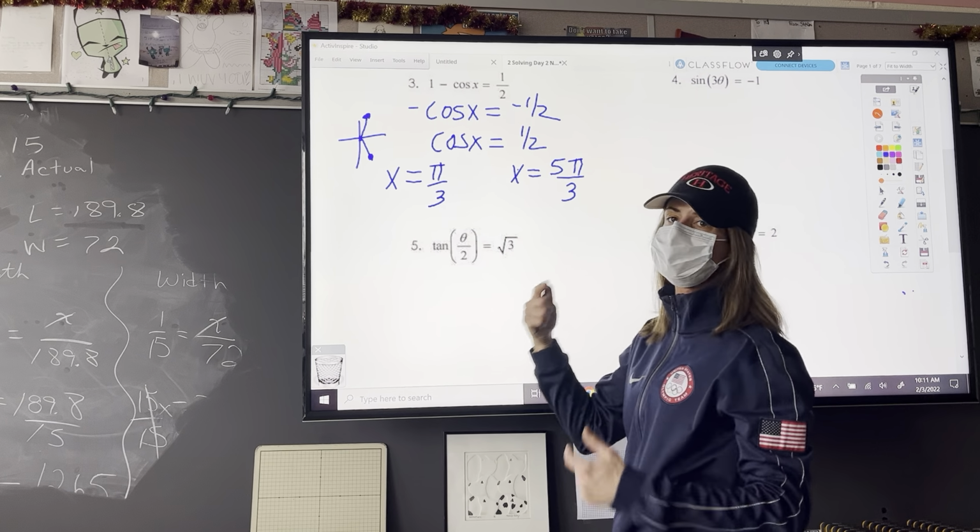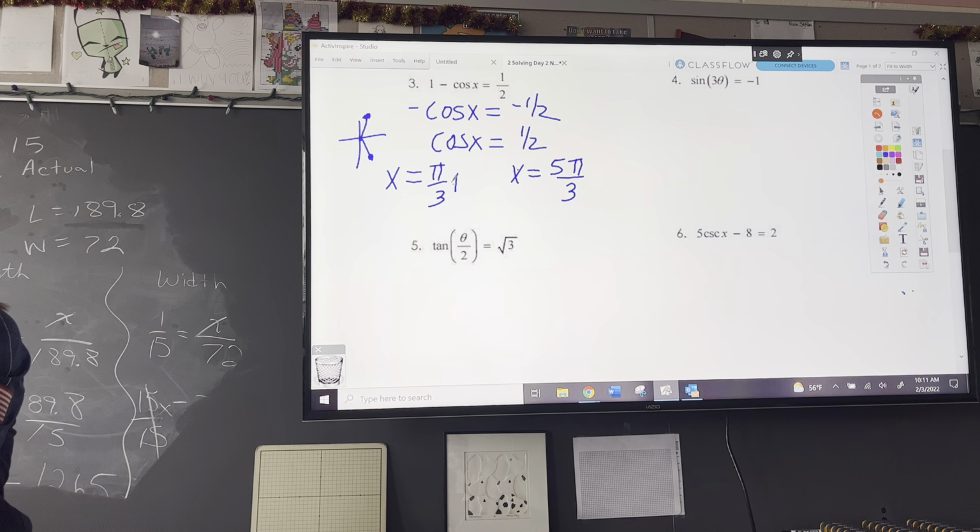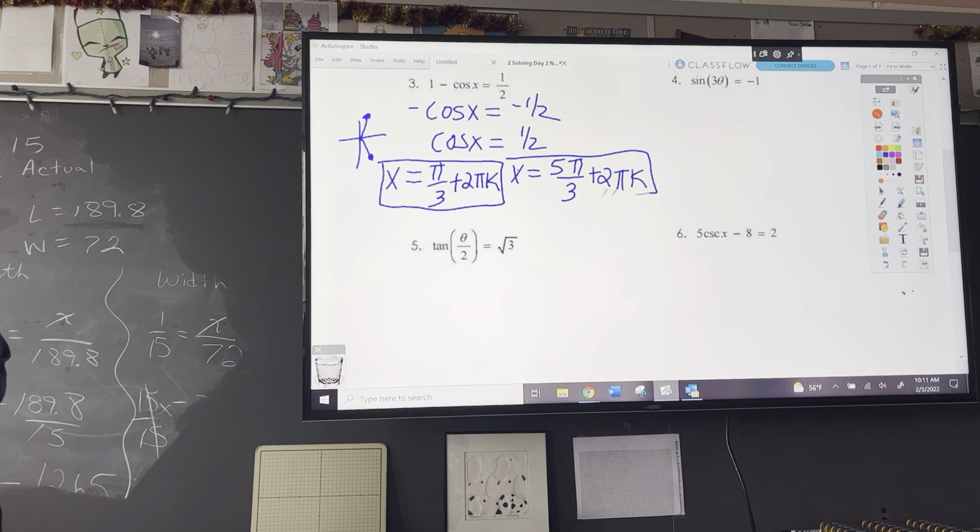So it's plus 2 pi k. Same for 5 pi over 3, plus 2 pi k. So here's solution number 1, and here's solution number 2.